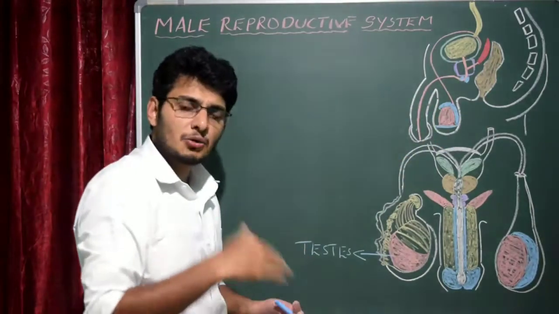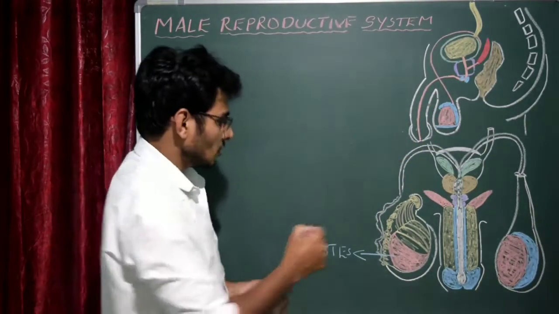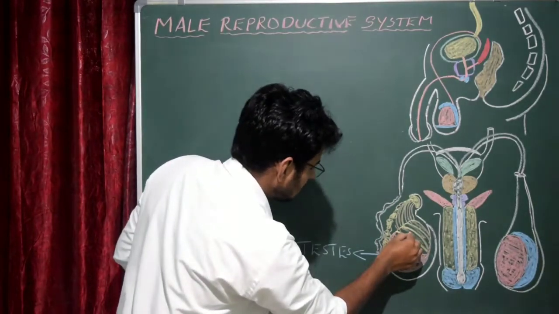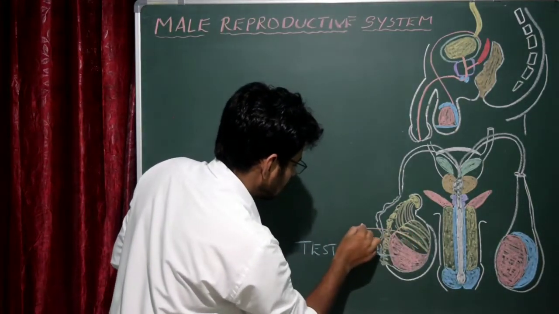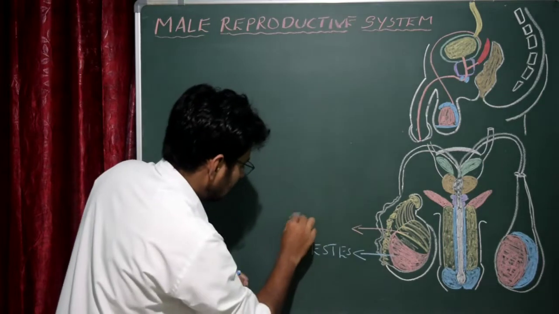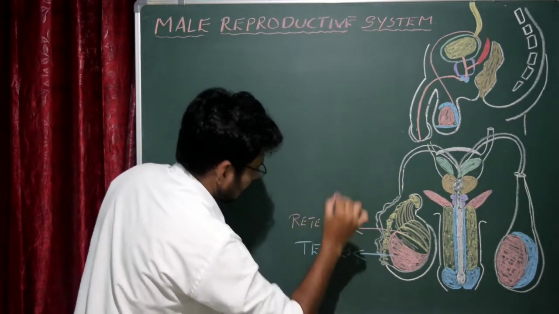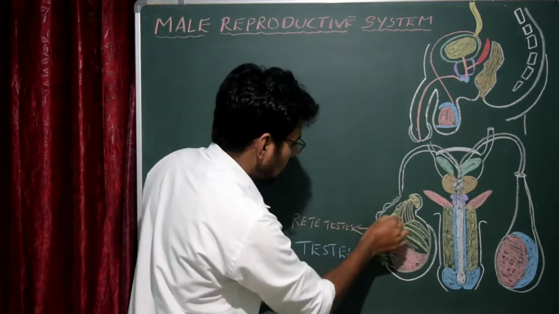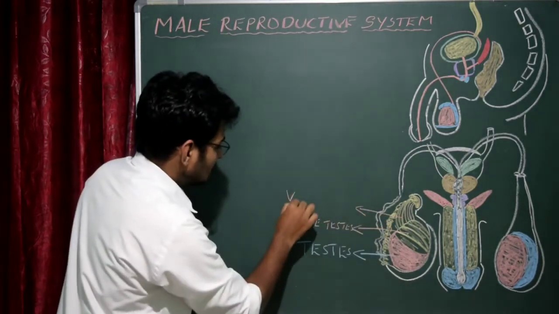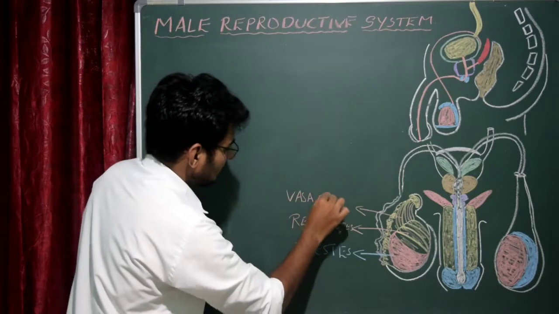Next, I told you about the accessory ducts. This one, which comes out of the seminiferous tubule, is called the rete testis. Then the rete testis opens into the vasa efferentia.